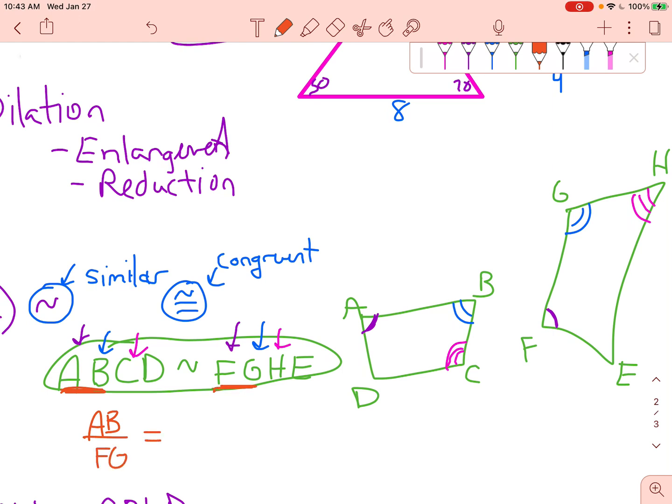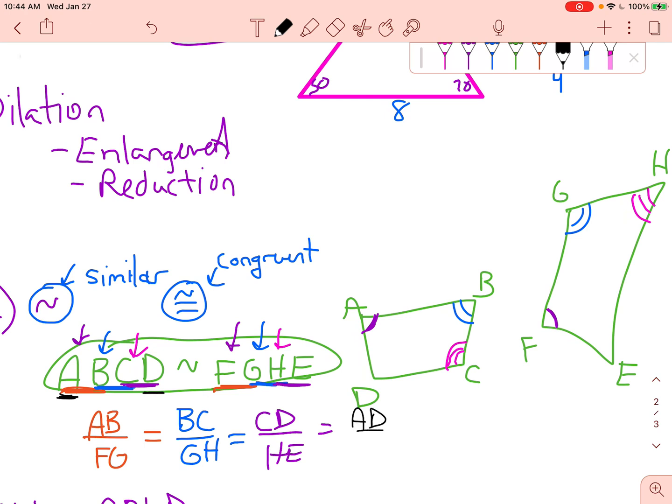That proportion, because these are similar, is going to be similar to side BC over side GH, which is equal to side CD over HE. And lastly, that is similar to, which color haven't I used? AD over FE.